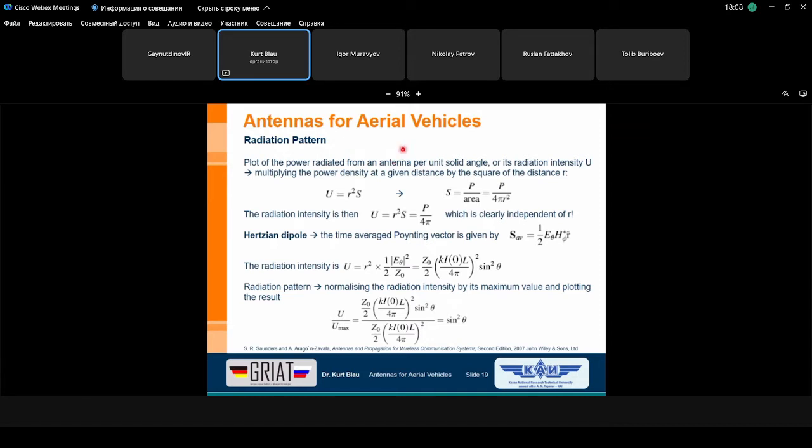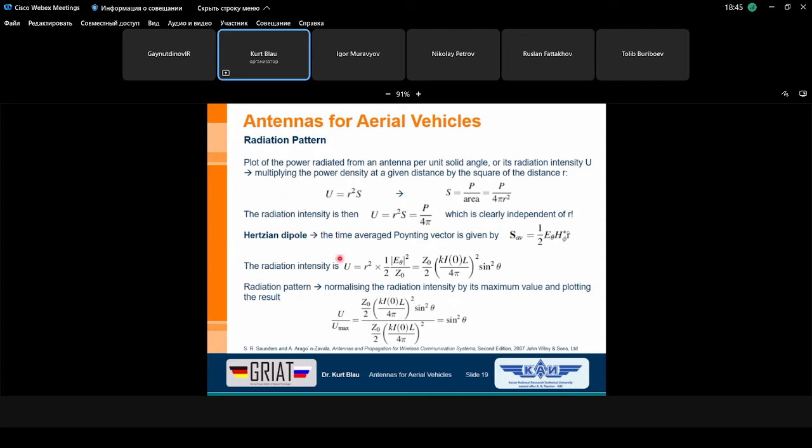One of the more or less primitive methods is to go over the so-called radiation intensity U, together with the power density S. The product of both is independent of the radius, so that we can determine the power distribution or the radiation intensity over the surface of a sphere.